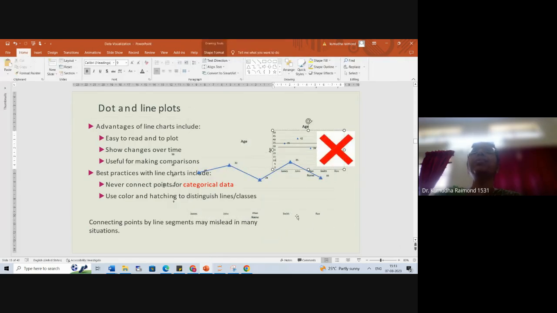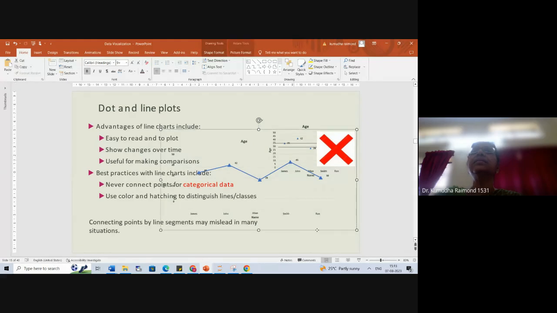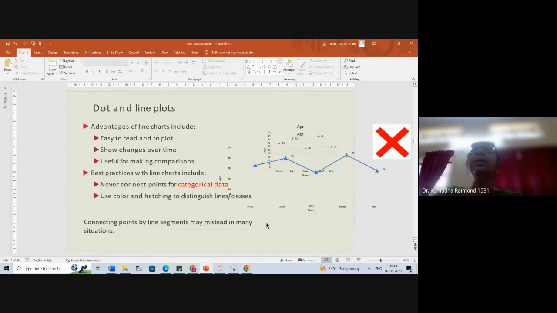You can see over here, the horizontal axis has the names, and this is the age. What is the age of James? What is the age of John? So the y-axis is the age, and the x-axis has the names. I cannot connect James and John by a line segment. So never connect points for categorical data.